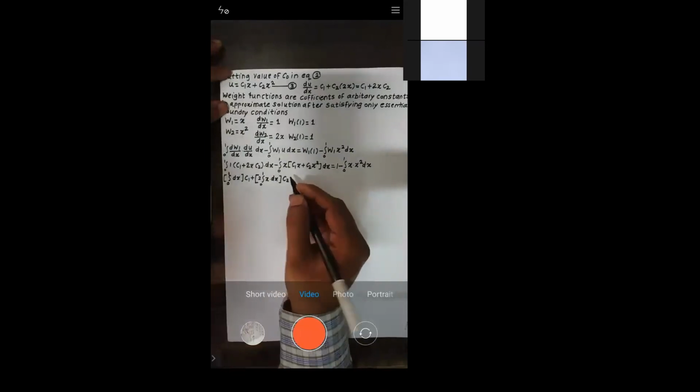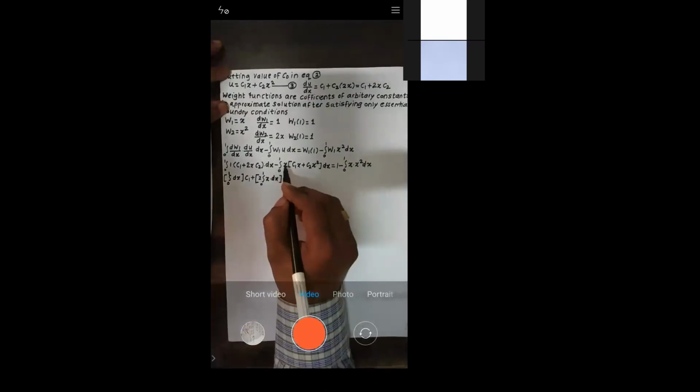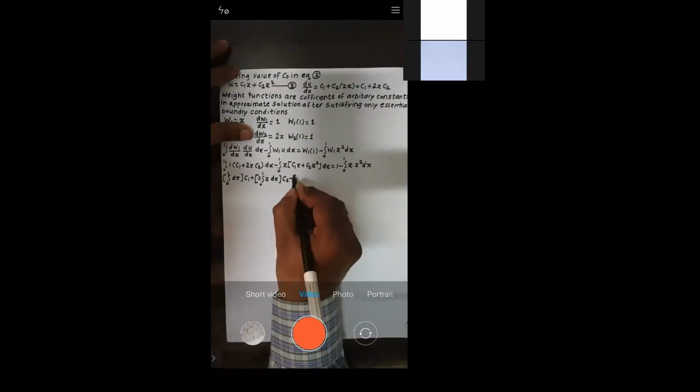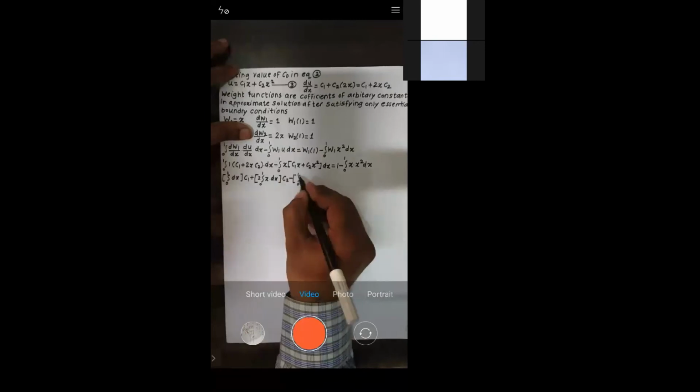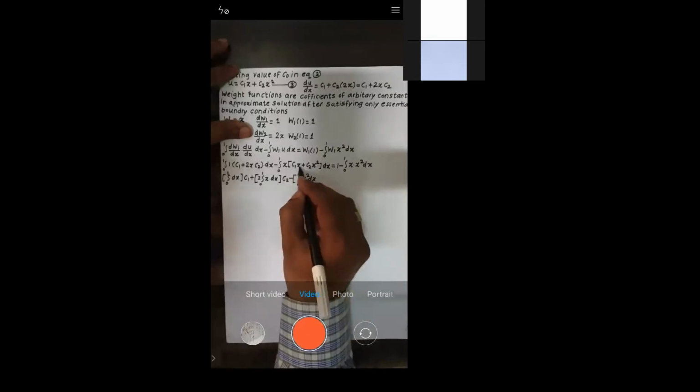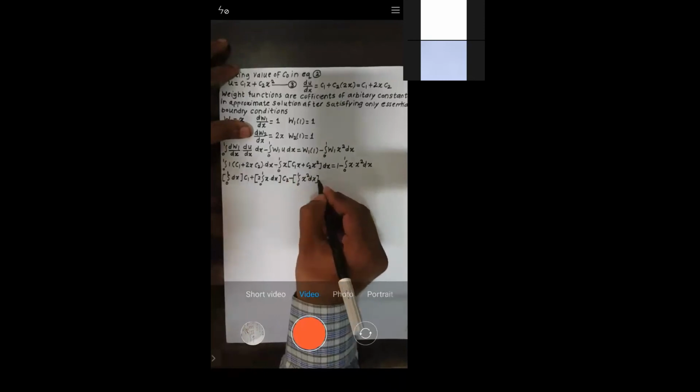Next, this I'll give this into this, so it is minus integration 0 to 1 x into x. What is x into x? X square, right? X into x is x square dx into c1. Is it okay?